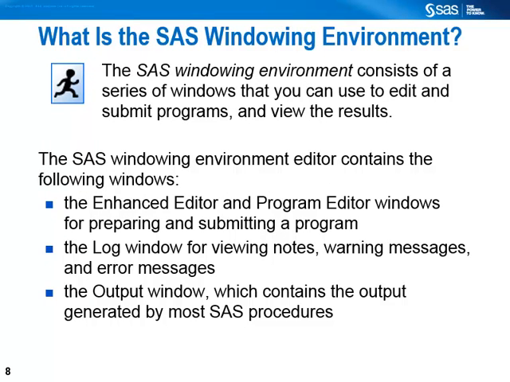What is the SAS windowing environment? The SAS windowing environment consists of a series of windows that you can use to edit and submit programs and view the results. It contains the following windows: the enhanced editor and program editor windows for preparing and submitting a program, the log window for viewing notes, warning messages, and error messages, and the output window, which contains the output generated by most of the SAS procedures.